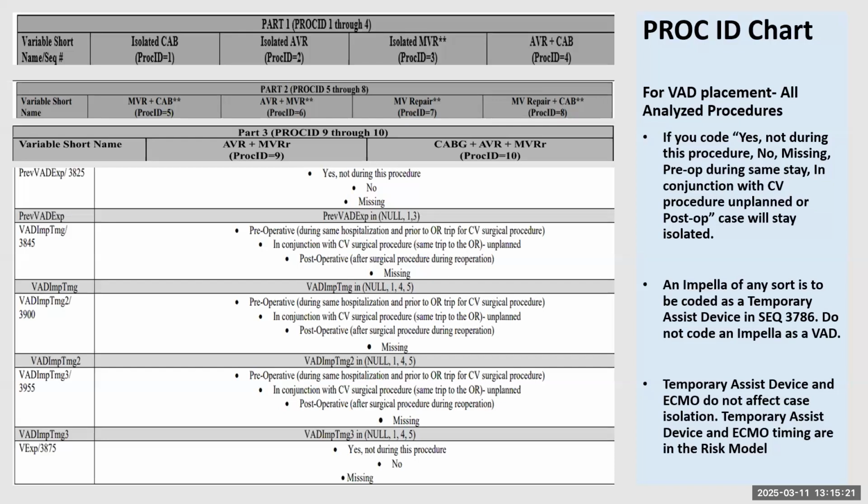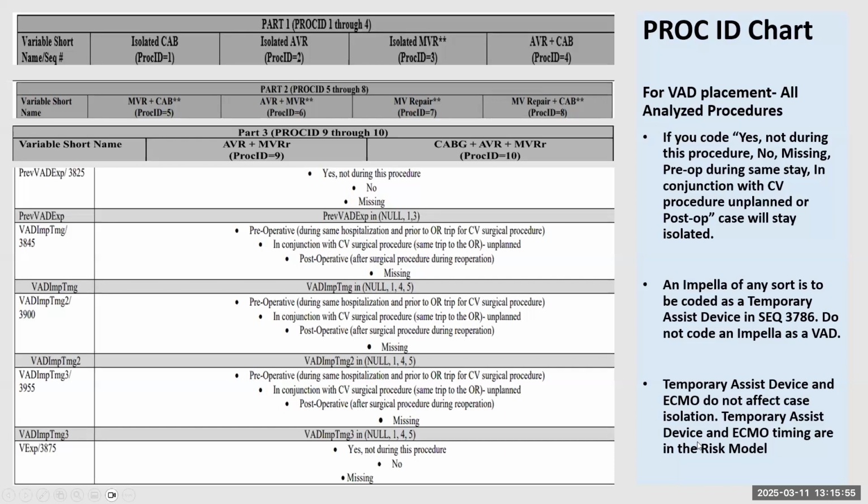So remember, Impellas of any sort, I don't care if they're 5.0s or 5.5s or axillaries or whatever, they're coded as temporary assist devices, not VADs. They're not long-term durable devices. The other thing to know about temporary assist devices and ECMO, because tons of questions about this, they do not affect case isolation at all.